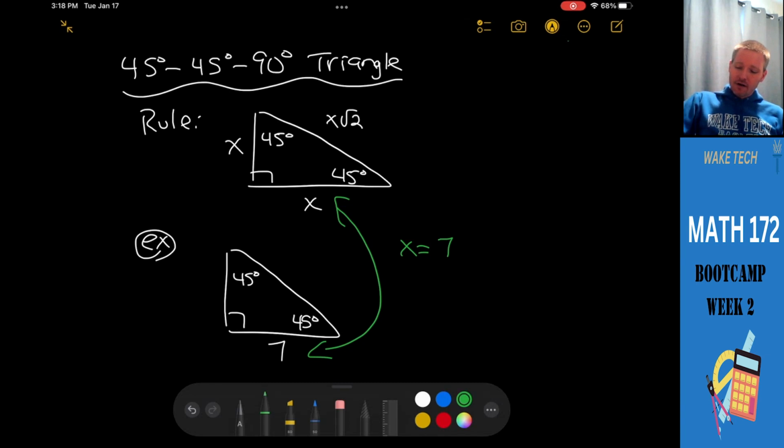That means the other x side is also 7. That means the hypotenuse is x times the square root of 2, so 7 times the square root of 2. Questions there?